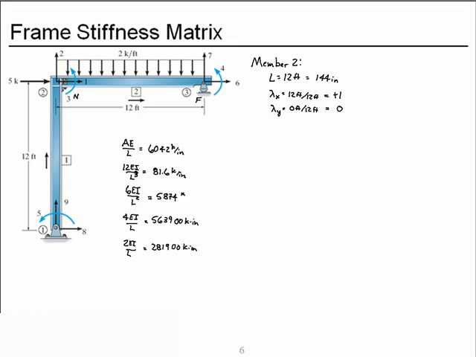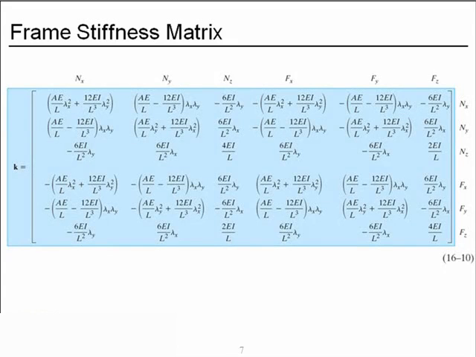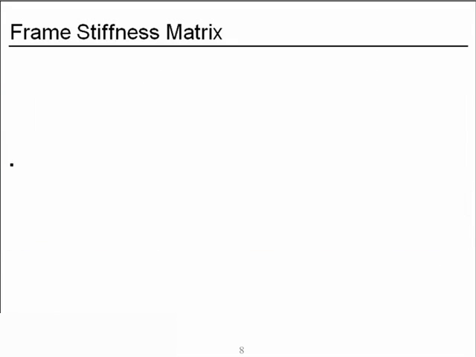Now let's use these along with our new lambdas. Lambda x is 1 and lambda y is 0, along with equation 16-10, so that we can construct the element stiffness matrix. Element stiffness matrix for element 2 will have 6 rows and 6 columns. That's consistent for all coplanar frame elements.